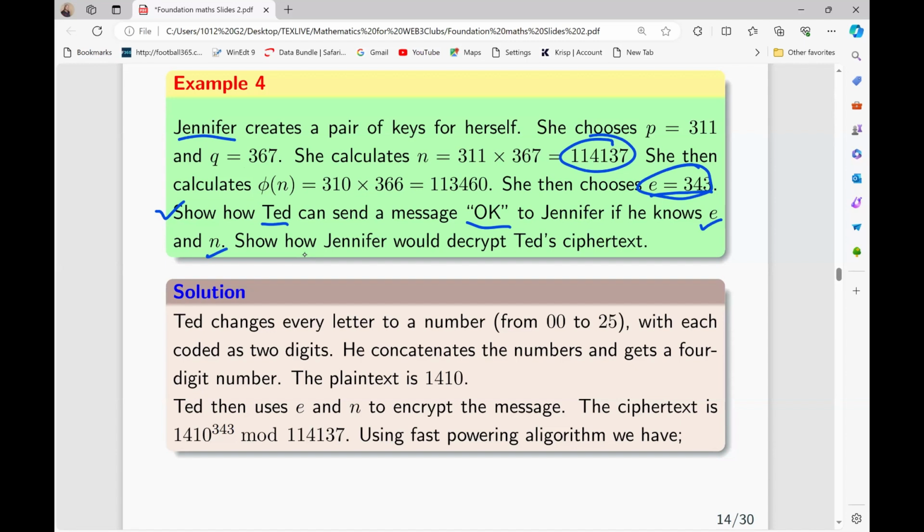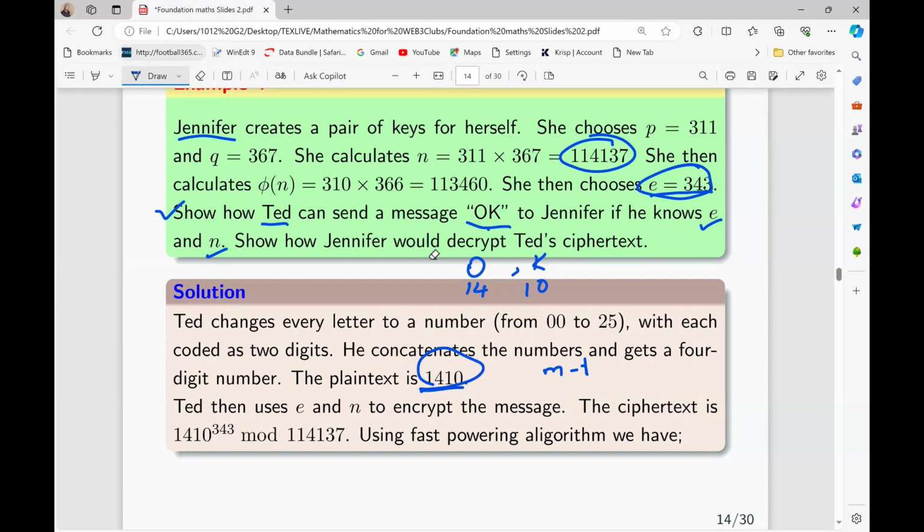So what he does, as we said earlier, is that this okay has to be converted to numbers. When I converted, I found O was 14 and K was 10. So this number is 1410. Now it's supposed to be less than M minus 1. If it's bigger than M minus 1, as we said earlier, we break it into blocks.